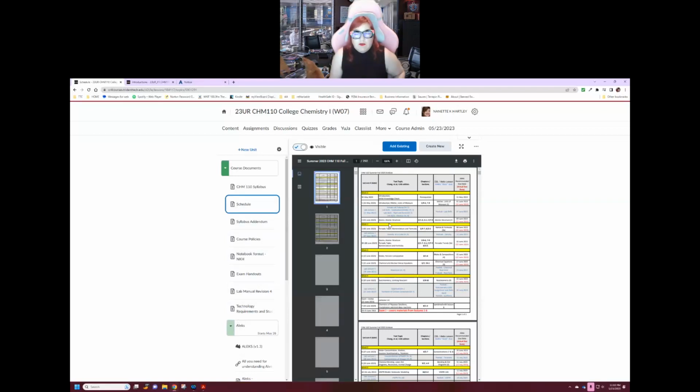So you'll see for each topic that we're talking about, here on this date, the 1st of June, for the full summer course, we're going to be doing lecture 2, which is atoms and atomic structure. And that's going to be the homework, atomic structure, which is labeled 2, which is in Alex. Now, your recommended due date, the date that I recommend that you have this done by, is the 3rd of June. Okay, so typically the next 2 days later.